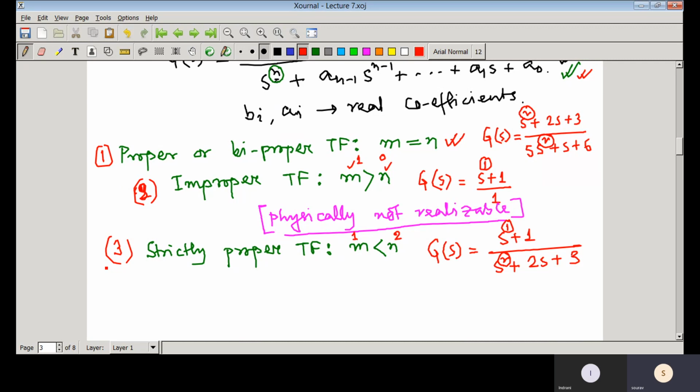Then let us see what is the characteristic equation and what is the degree or order of the system.